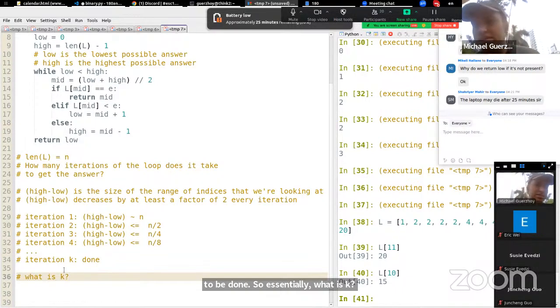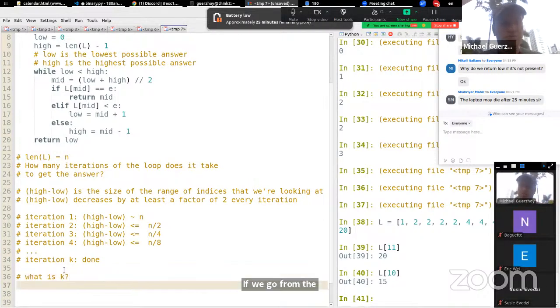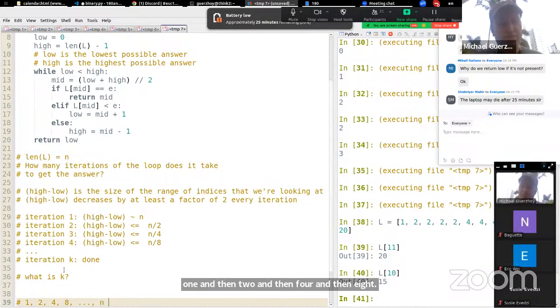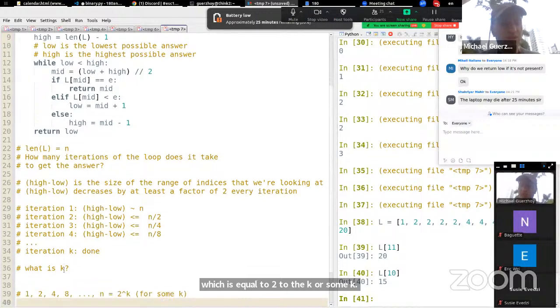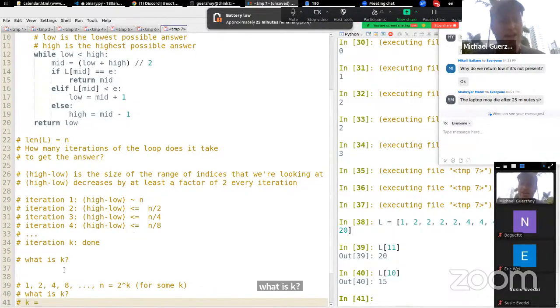And the answer is, if we go from the bottom to the top, so if we go 1 and then 2 and then 4 and then 8 and so on up to n, which is equal to 2 to the k for some k, and we're asking what is k, the answer is k is approximately log base 2 of n.